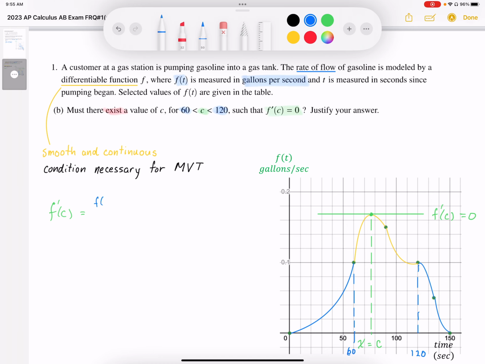So f at 120 minus f at 60, divided by that interval, 120 minus 60.